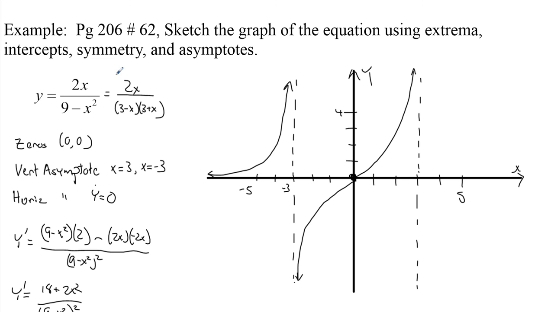Well, 5 times 2 is 10. That's a positive value. 5 squared is 25. 9 minus 25, well, that's -16. That's a negative. So I get a positive divided by a negative, which is negative. So every value from 3 to infinity has to be negative. So the choice has to be drawn like this.